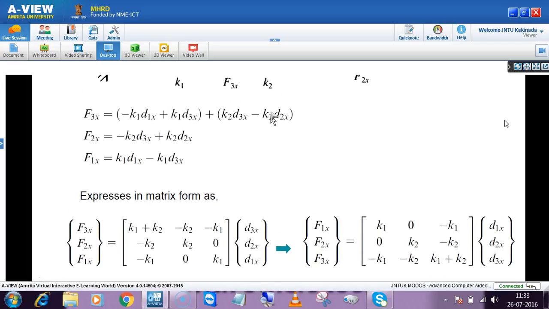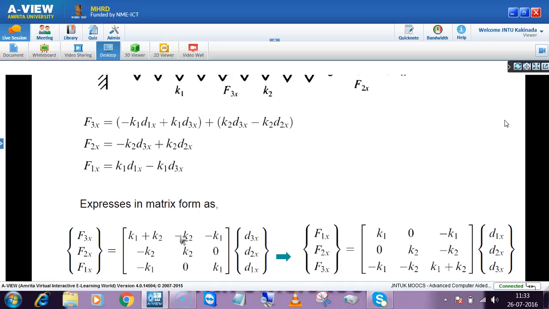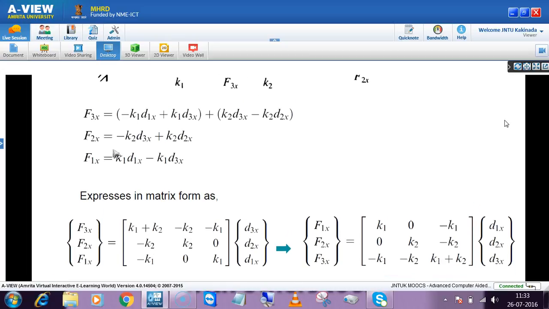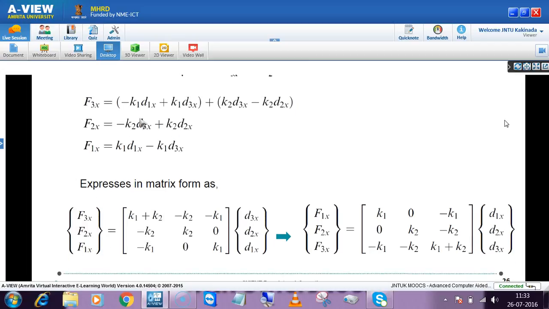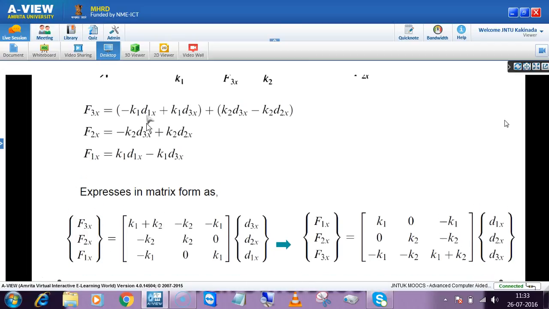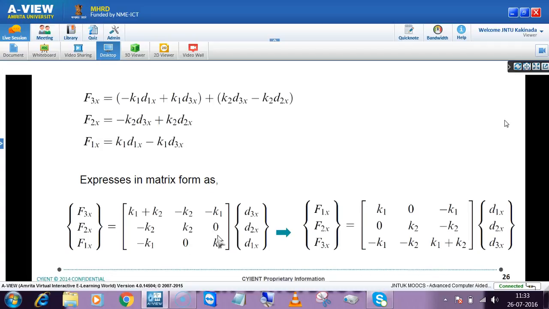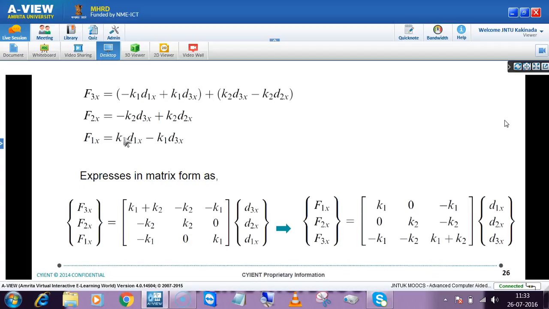Then for D2x we have only one, that is minus K2, that we have put here. Similarly, F2x can be written as minus K2 for D3x, and K2 for D2x, and there is no factor for D1x, that is 0. Similarly, for F1x, for D3x we have minus K1, that's what we are writing here. Then no D2x, 0, and for D1x we have K1, that we have written.